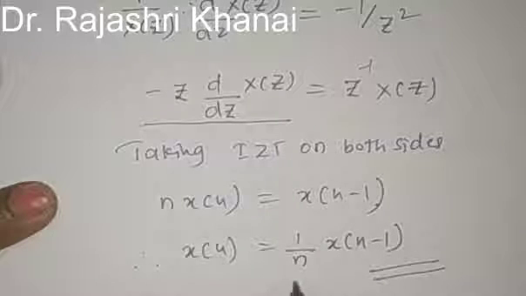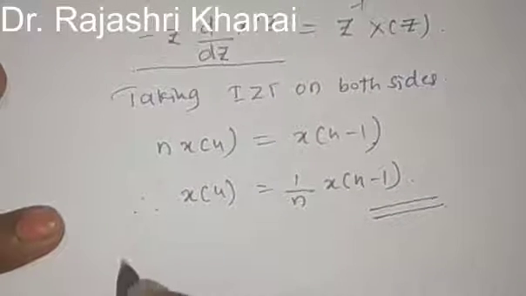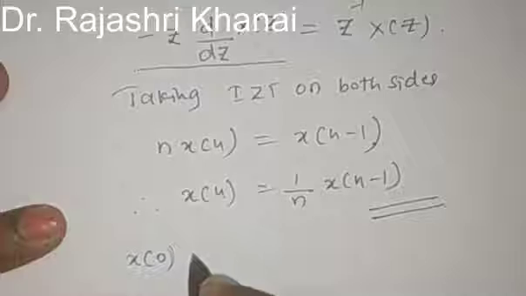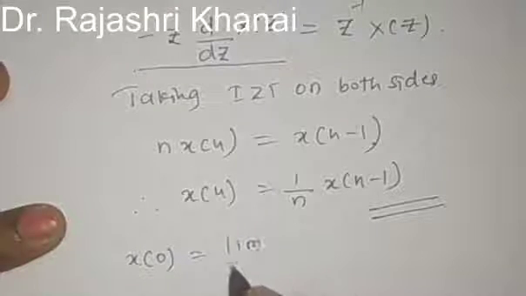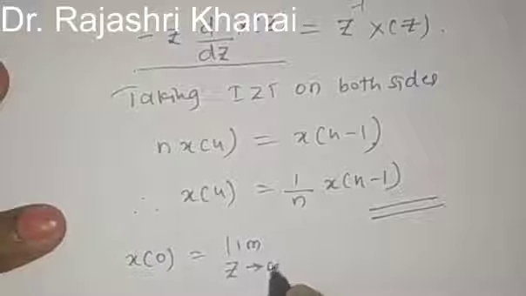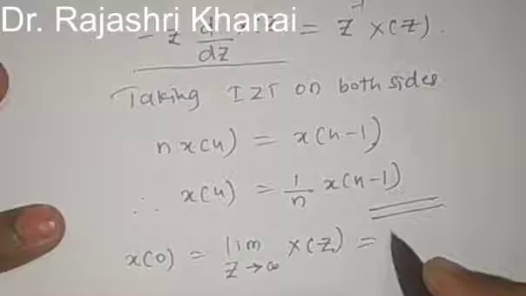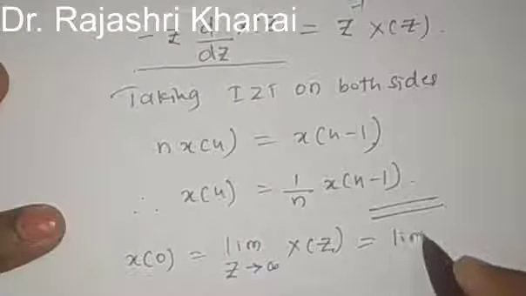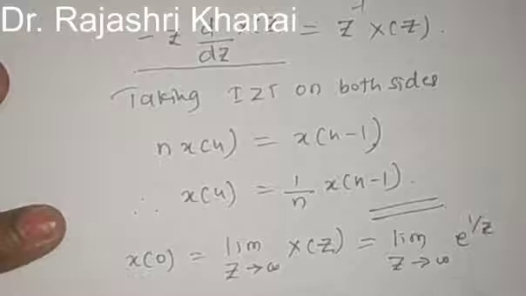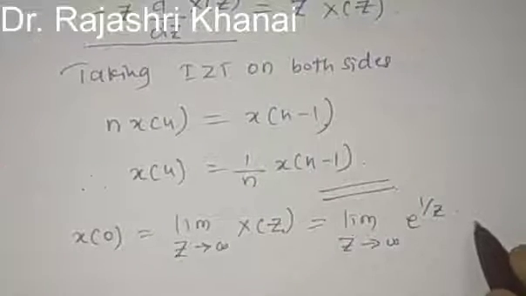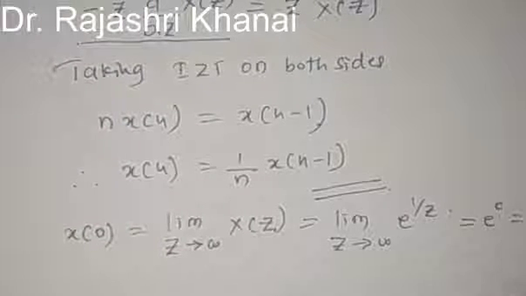To find the generalized equation, first find the initial value x of 0, which is nothing but limit z tending to infinity X(z), that is limit z tending to infinity of e raised to 1 upon z, which is e raised to 0, which is equal to 1.